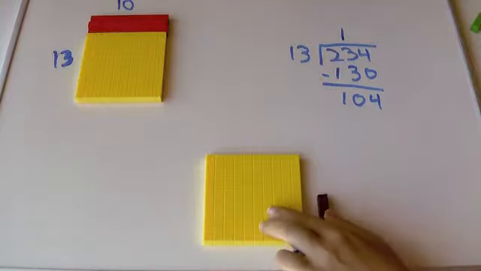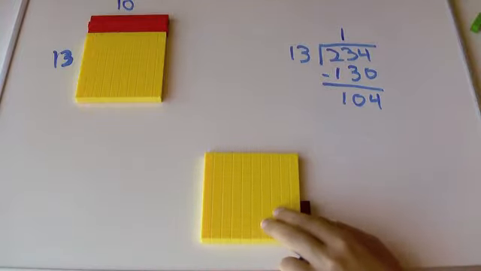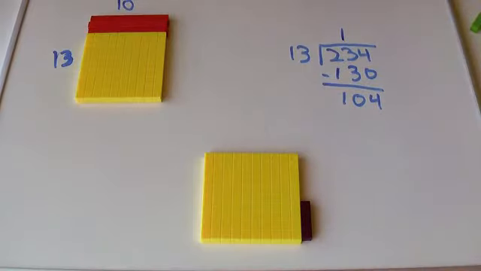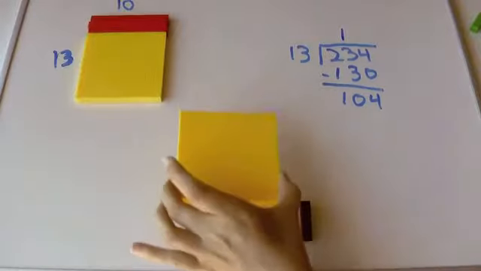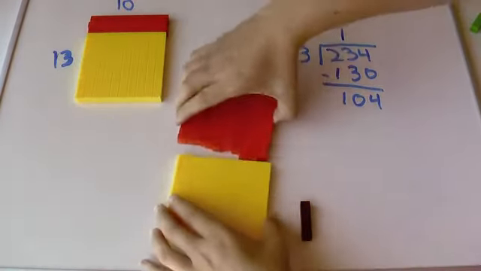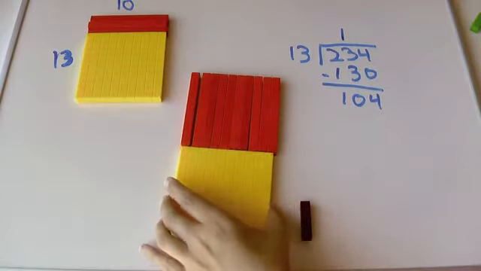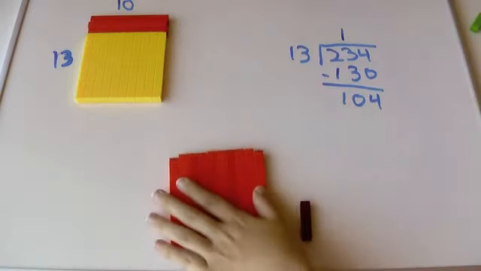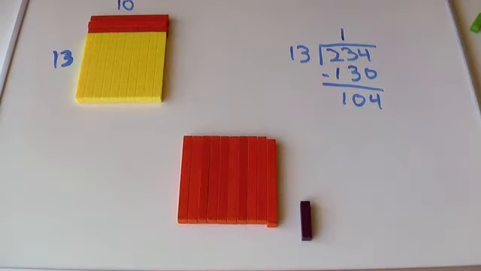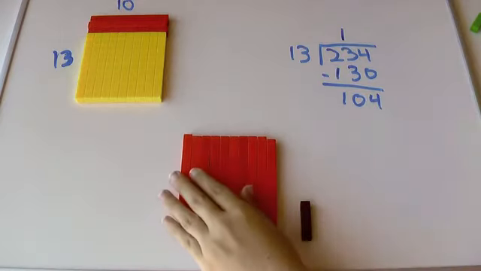So now I need to make a rectangle with 13 on one side and something on the other, made up of 104. So I can't do it when it's in this shape of a square here, so I'm going to have to trade this 100 for 10 tens. Okay, so I still have 104, and now I can start putting my tens up here.